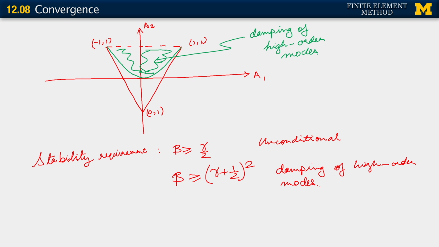And one way in which this manifests itself is in the effect on the spectral radius.